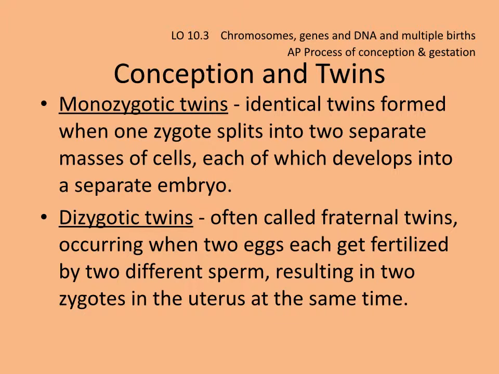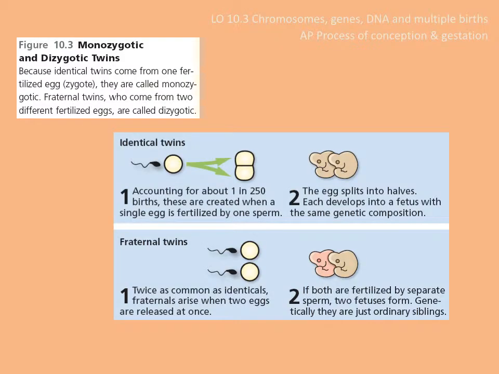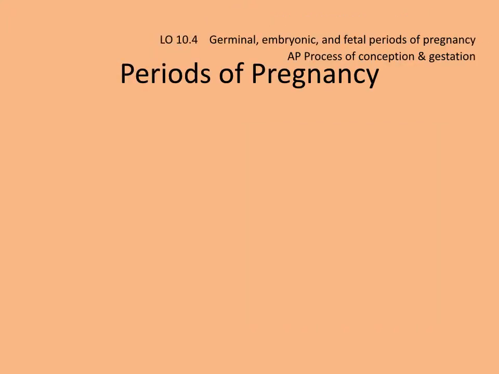You look alike because you're related, but you're not identical. The uniqueness is that you were both born at the same time. So identical twins is one zygote that splits into two, and then you have two identical babies. Fraternal twins is two ovums released, two zygotes created with fertilization, and then you have two separate babies.